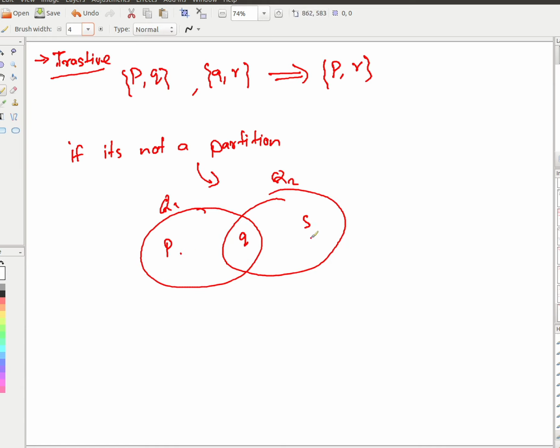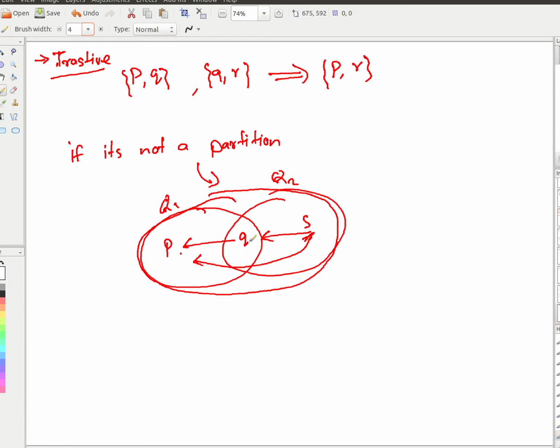because if S is equivalent to Q and Q is also equivalent to P, so S is also equivalent to P. So therefore this whole thing will be a single block and not two different blocks, right? So you will never have a case where there is an S which is part of the second block but not the first one, and still there is an intersection.